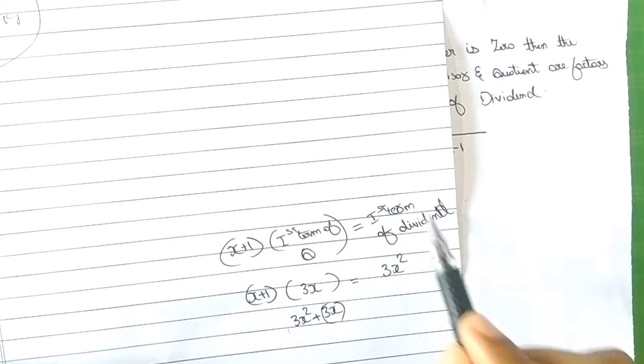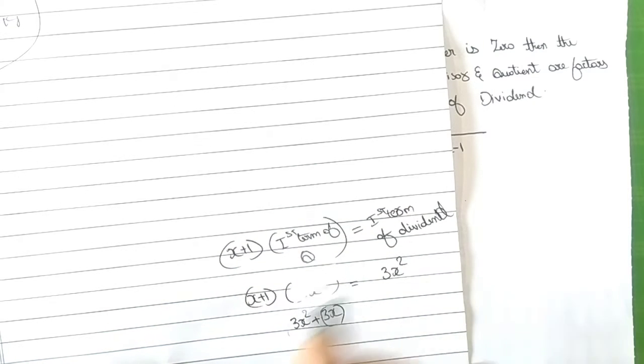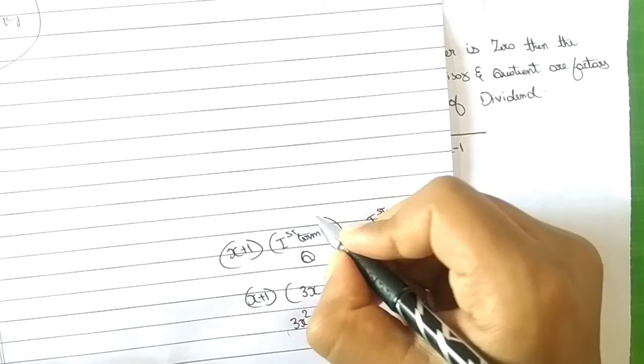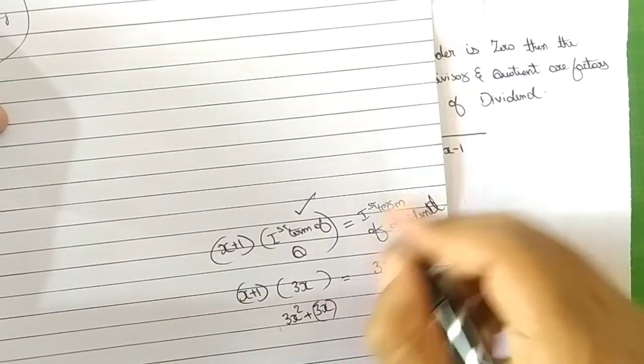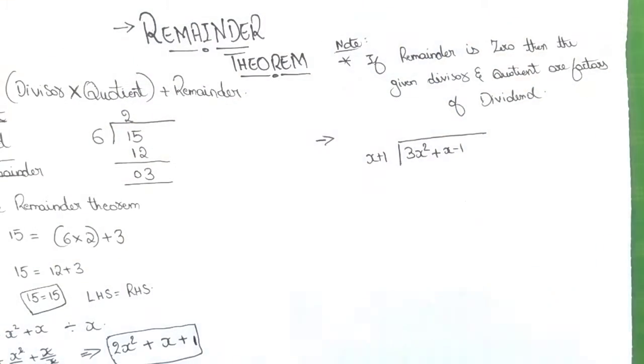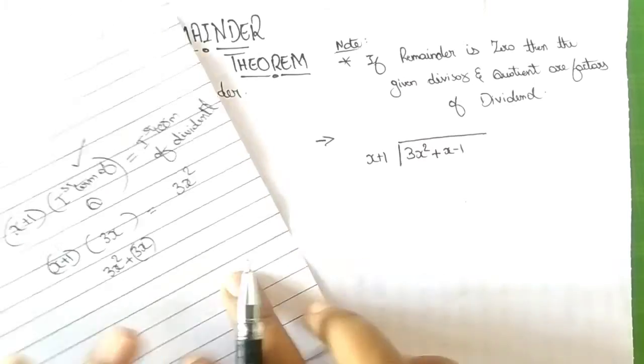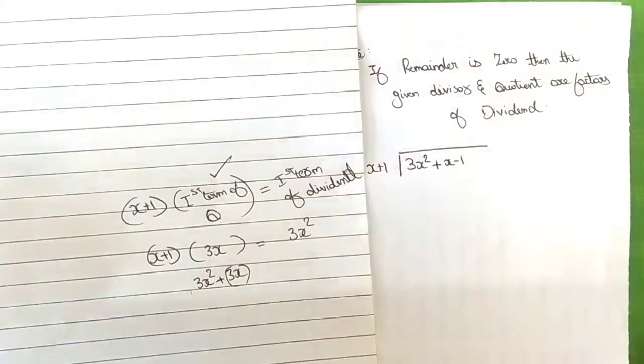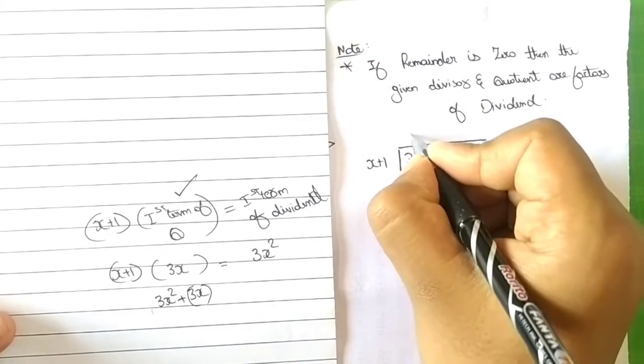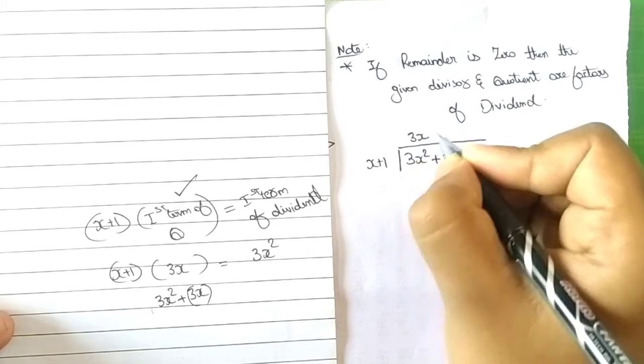I gave this only for your reference. This is not an equation, I gave this only for understanding purposes. This you need to find. If you find this one, you will clear the given long division process. So from this we can tell that the required first term of the quotient is 3x.